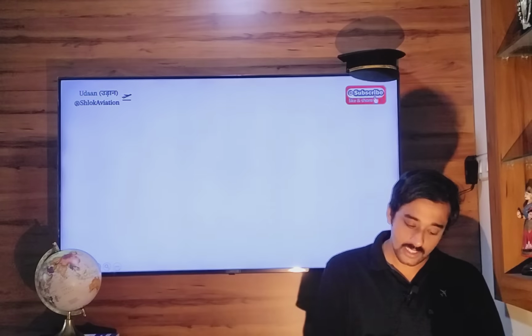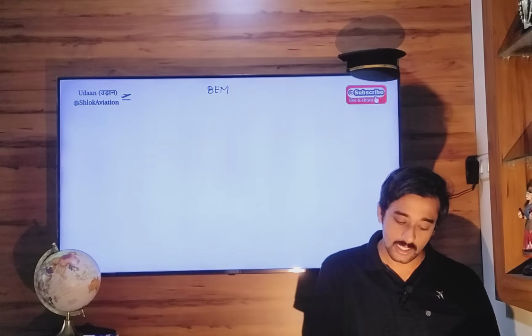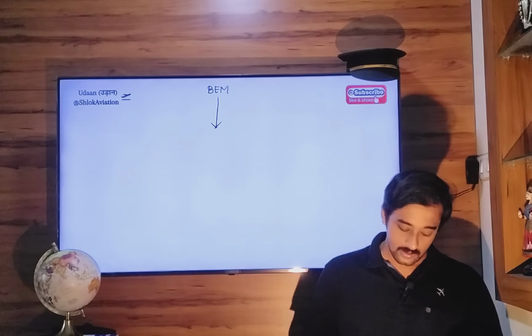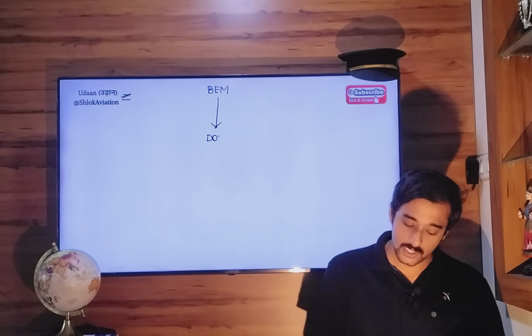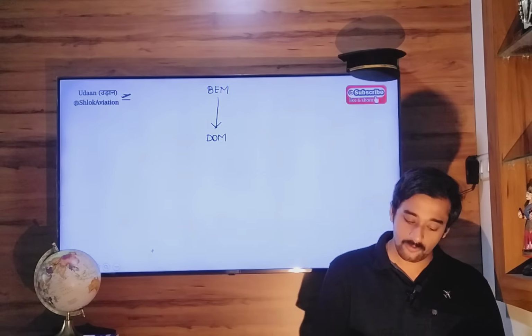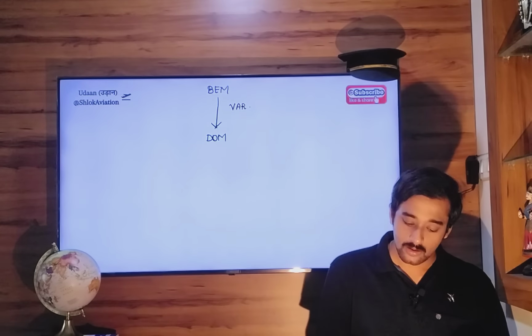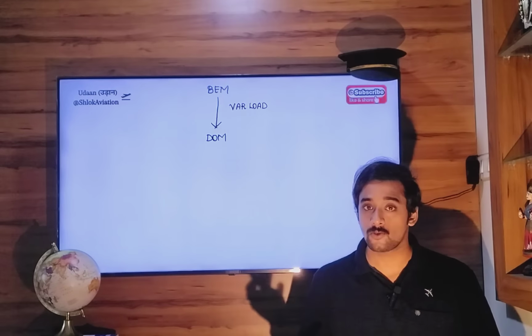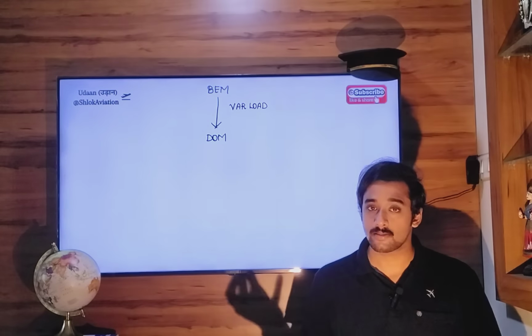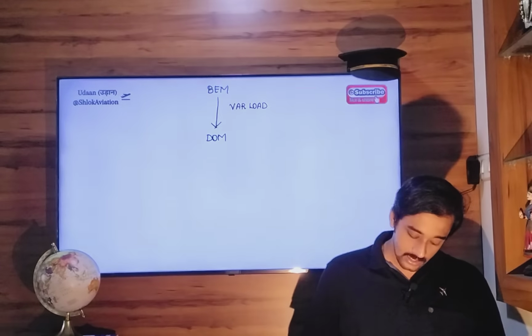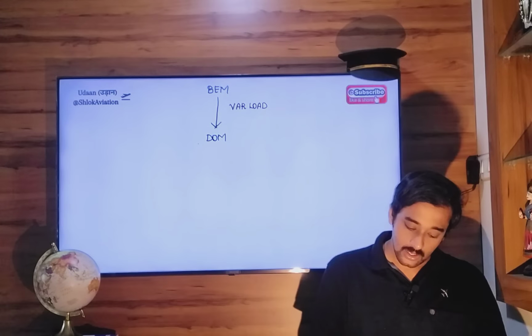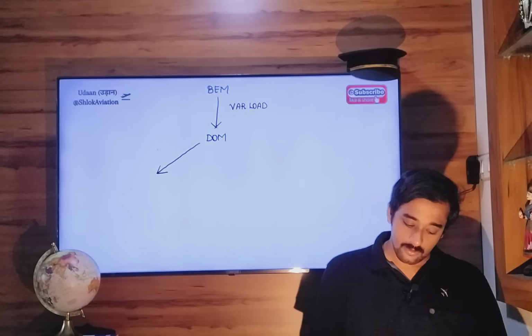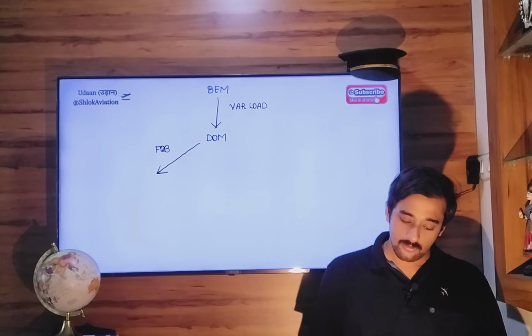So you always begin with basic empty mass. The basic empty mass plus variable load will give you dry operating mass. What is variable load? Variable load includes your crew, baggage, food, beverages, any other materials like that. Then after that, DOM plus fuel on board or takeoff fuel will be equal to operating mass.